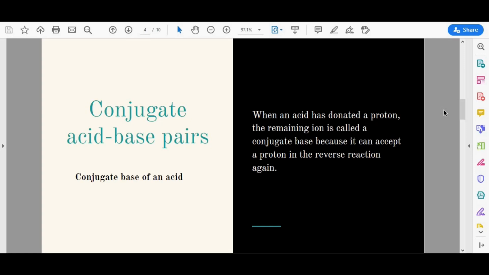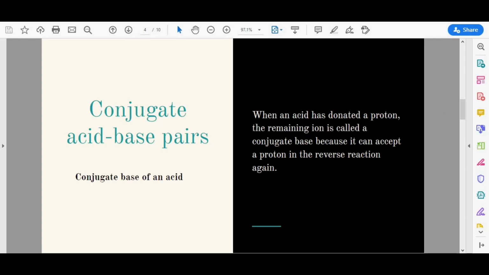That remaining ion or molecule after the proton has left the acid, we call a conjugate base, because if we reverse that reaction, it will accept the proton back again to form an acid.